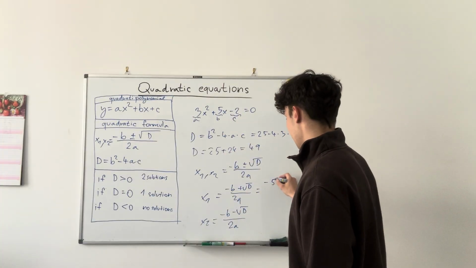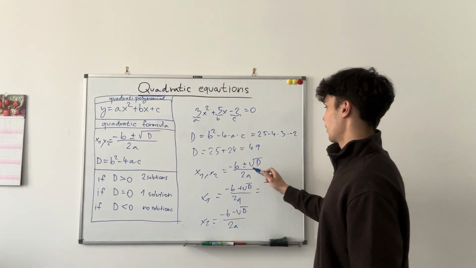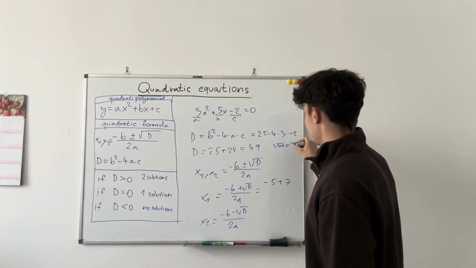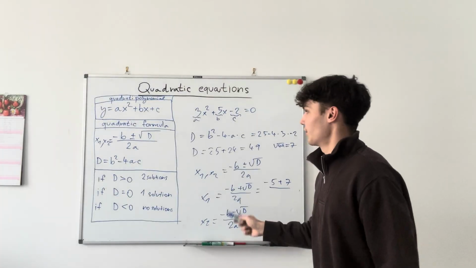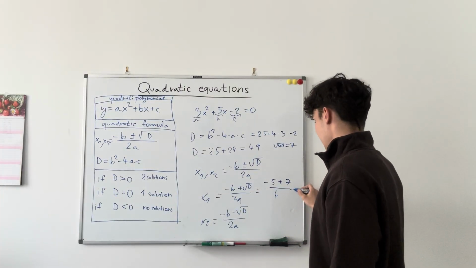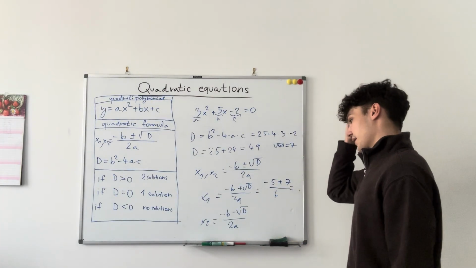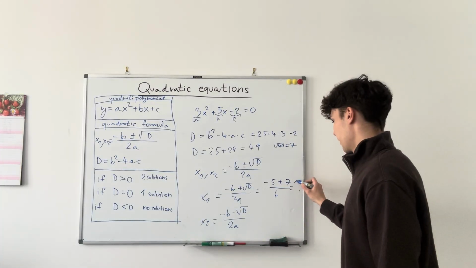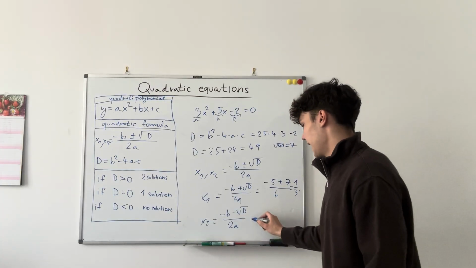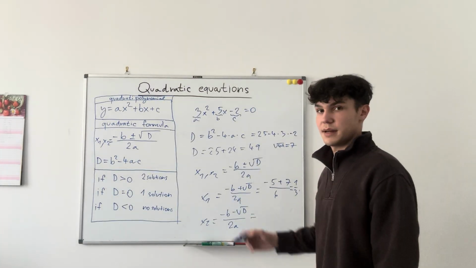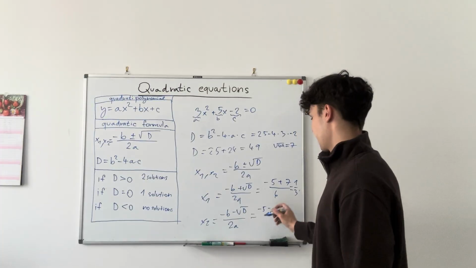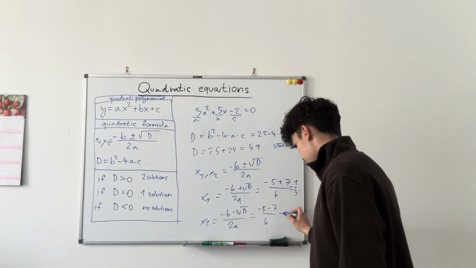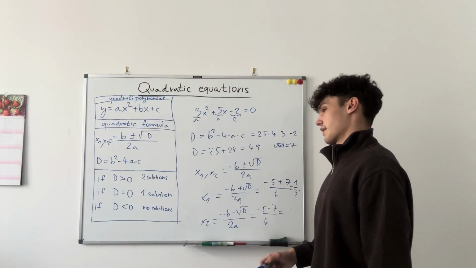Minus b is minus 5, plus the square root of 49, which is 7, divided by 2a, 2 times 3 is 6. We get minus 5 plus 7, which is 2, divided by 6, so that's 1/3. And for x2 we get minus 5 minus 7 divided by 6. Minus 12 divided by 6 is minus 2.